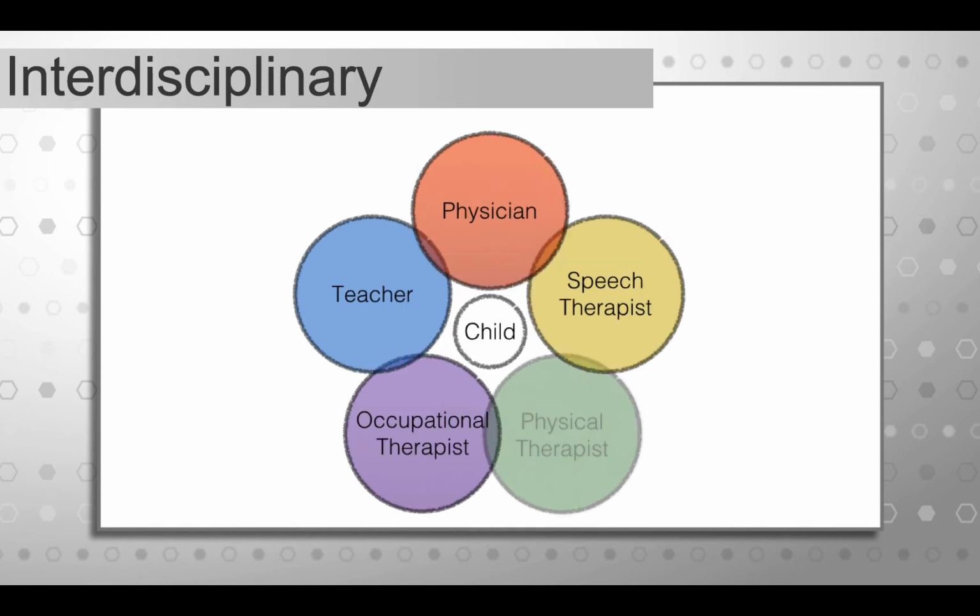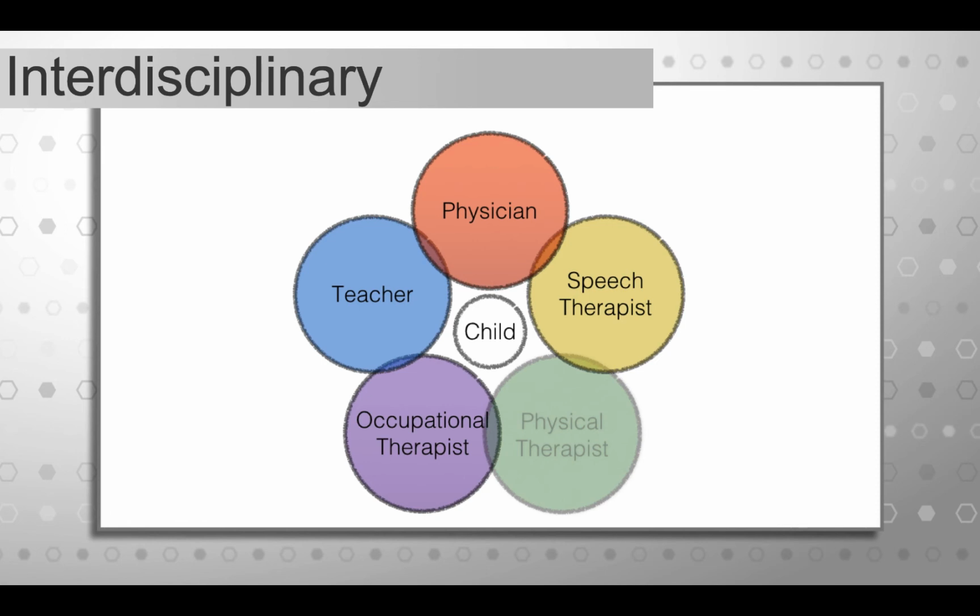So in interdisciplinary, these roles start to overlap a little bit. We start to come together a little bit. So a good example of this might be a traditional school-based model where once a year, all the team members come together to put together the IEP. And so they talk to each other. They have some shared goals.